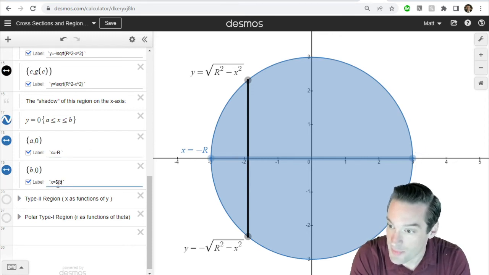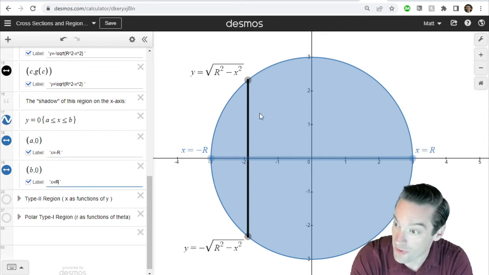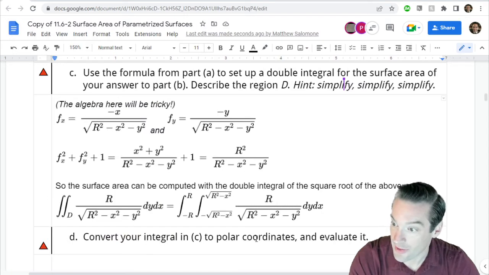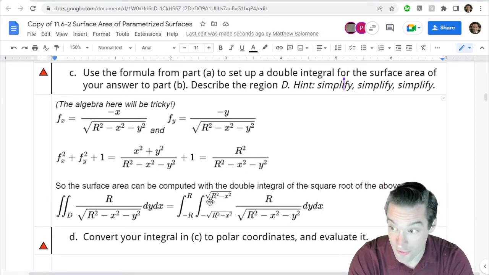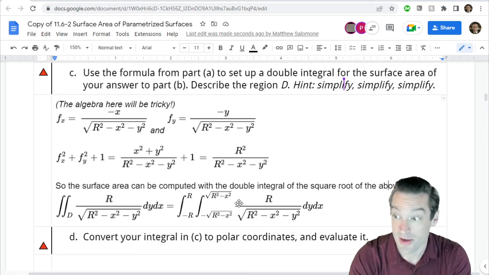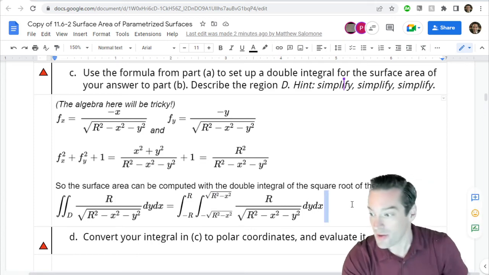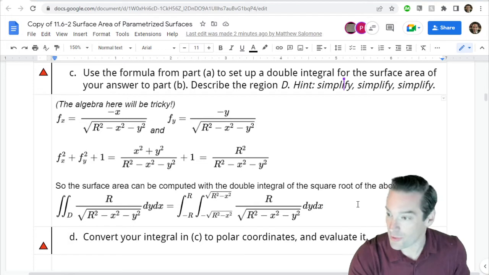And so this ends up being our tape measuring for the range of x and y that are appropriate for the integral that we're setting up. And so that's where you get this iterated integral, the integral from minus radical r squared minus x squared to plus radical r squared minus x squared, and then the integral from minus r to r, dy dx.